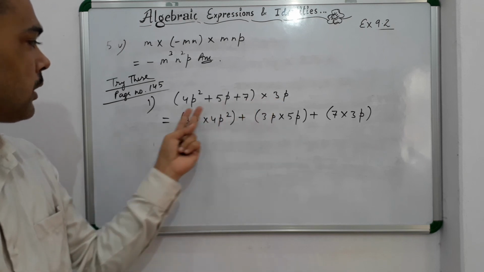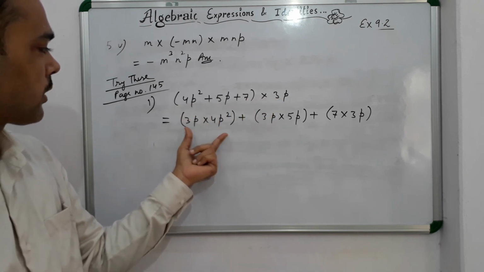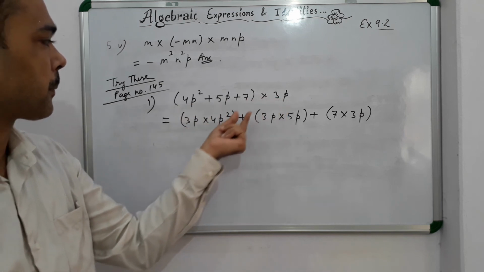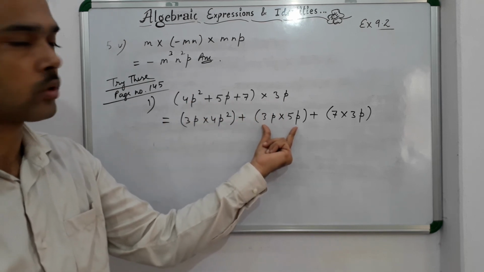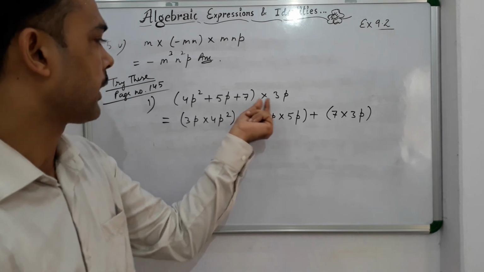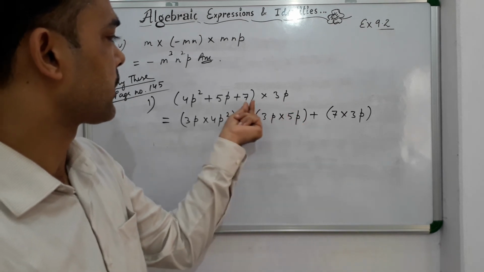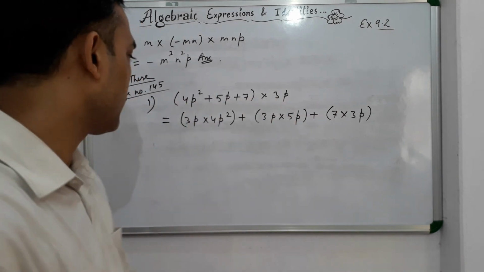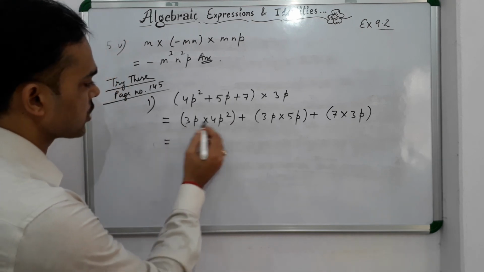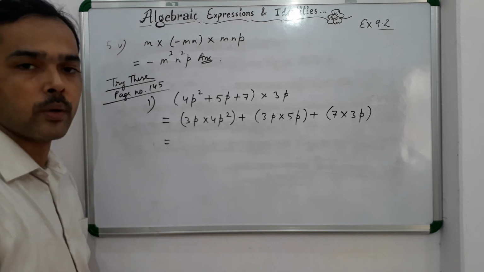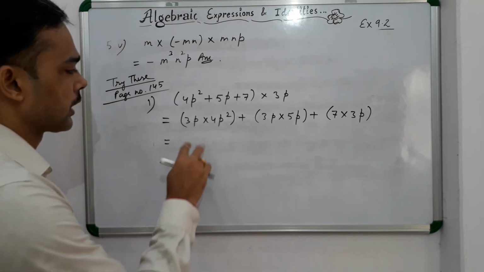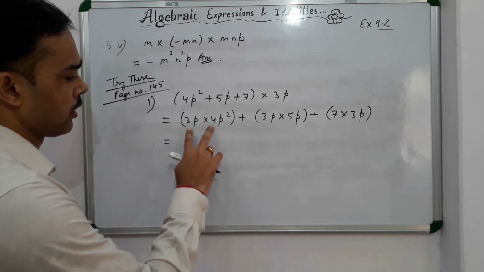You can see 3p into 4p square is this one. Then a plus sign is there, so I have written plus. Then 3p into 5p, then plus sign and 3p into 7. Now let's multiply. First we multiply number by number.